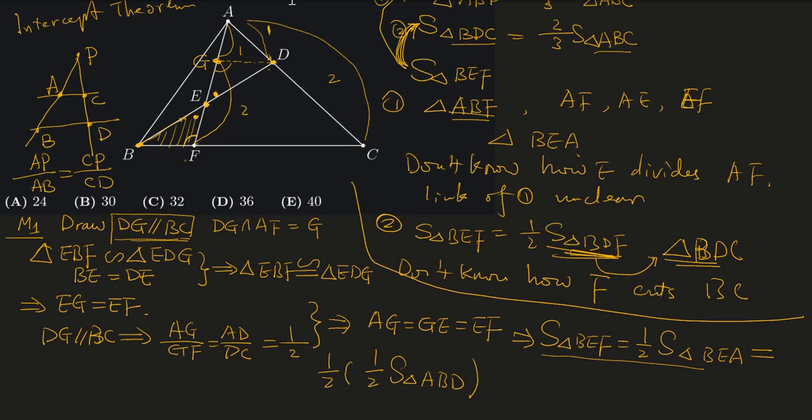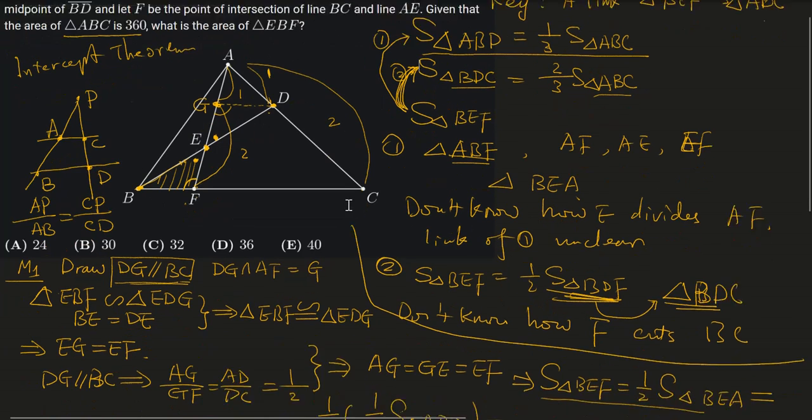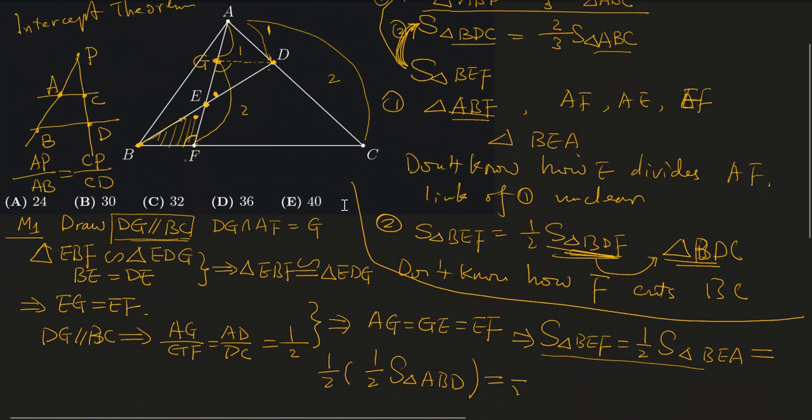Therefore, we have this relationship. Good. And from the top, we also have this relationship. Right? So then we know this equals a half times a half times 1/3 of the area of triangle ABC.